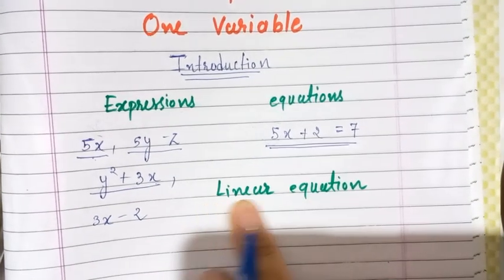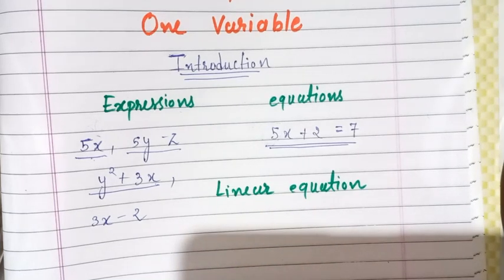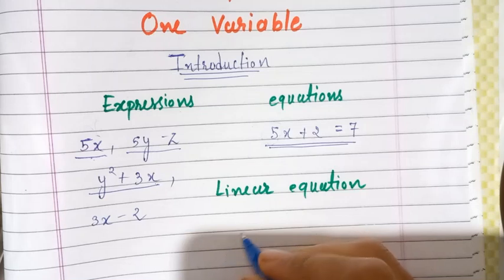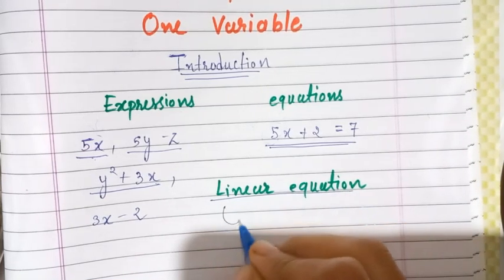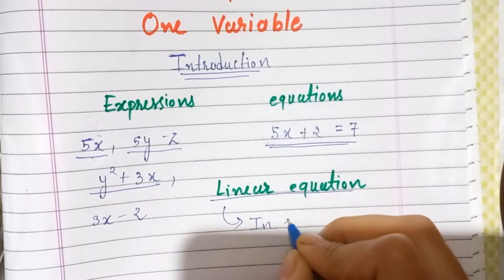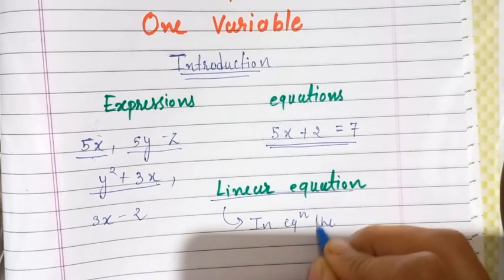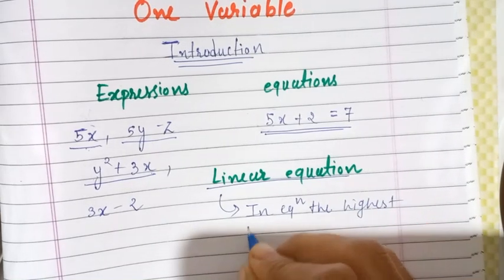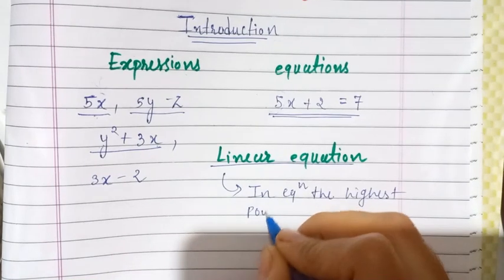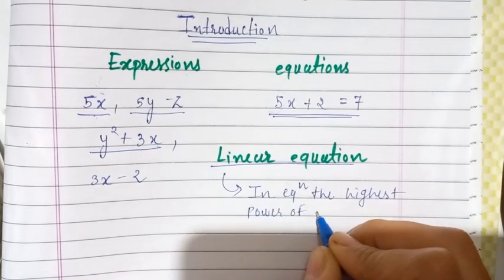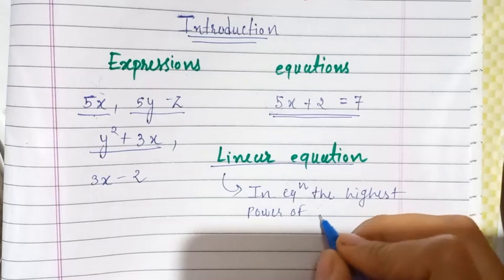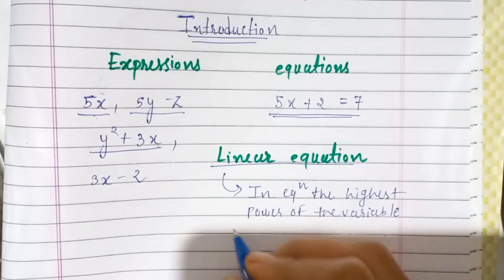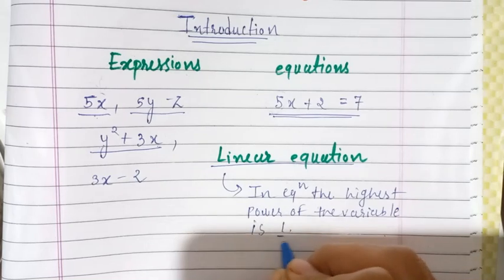Now see, linear equation. So what is linear? Linear equation means that in the equation the highest power of the variable is 1.